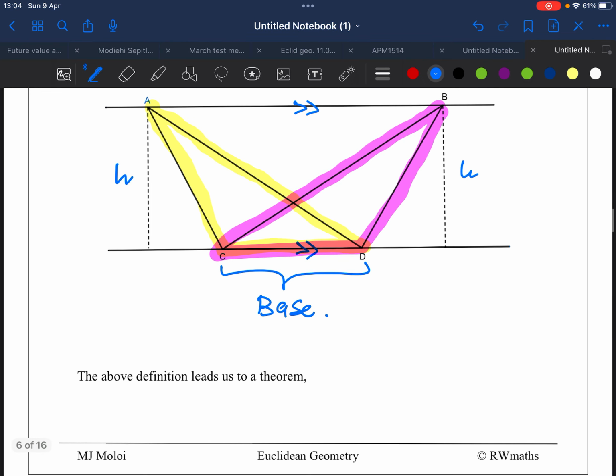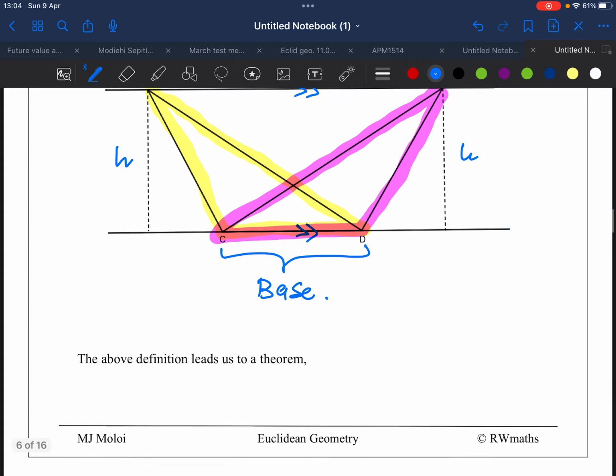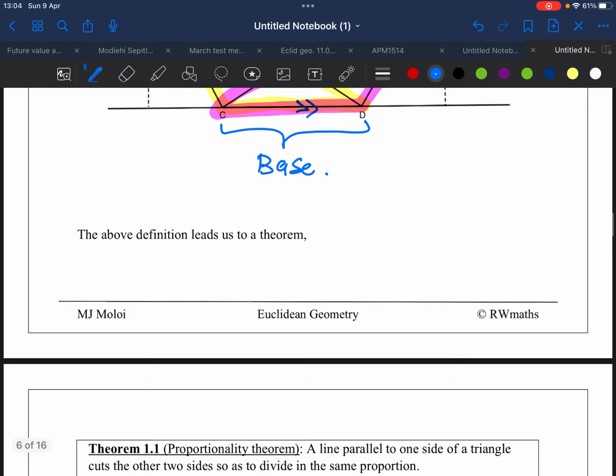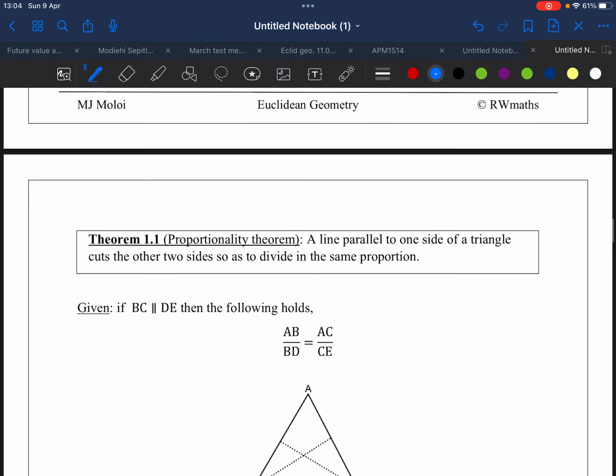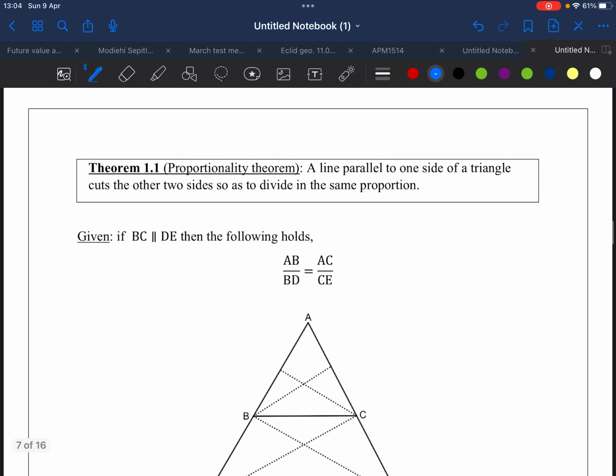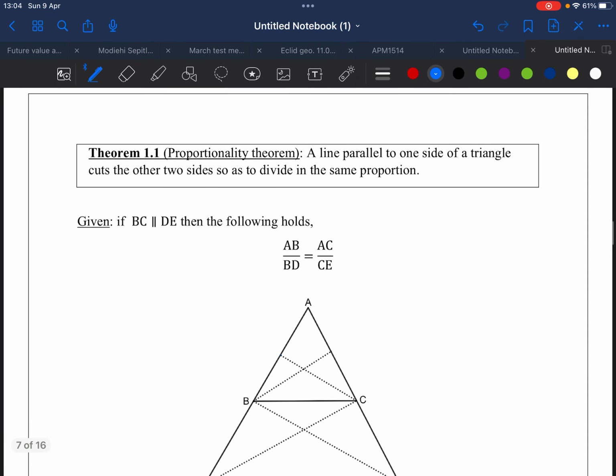So as I've said, the above definition leads us to a theorem, which is theorem 1. We call this theorem the proportionality theorem. It says a line parallel to one side of a triangle cuts the other two sides so as to divide them in the same proportion.